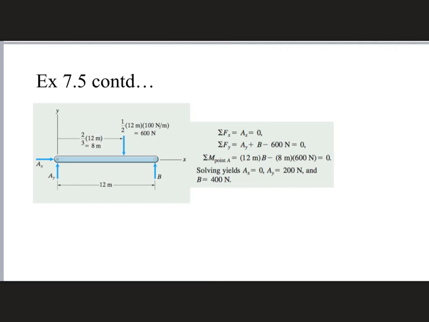And so if we calculate the moment of all the forces about point A, it gives me 12 meters times B, and that's going to be positive, because if I just have it hinged right here, and I let this force B go, this is going to rotate in the counterclockwise direction. And by default, counterclockwise is considered positive.